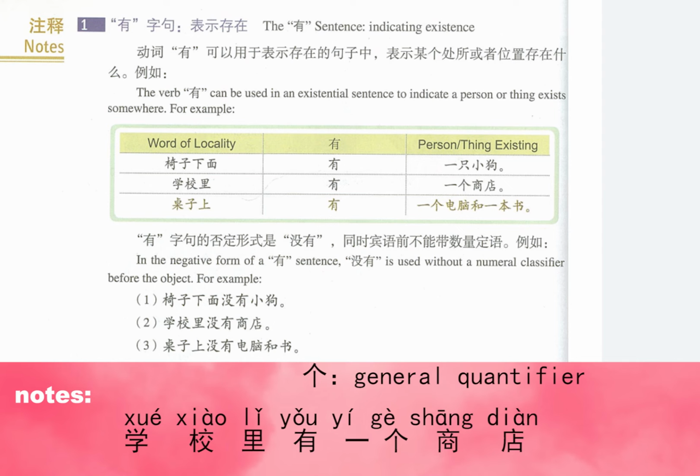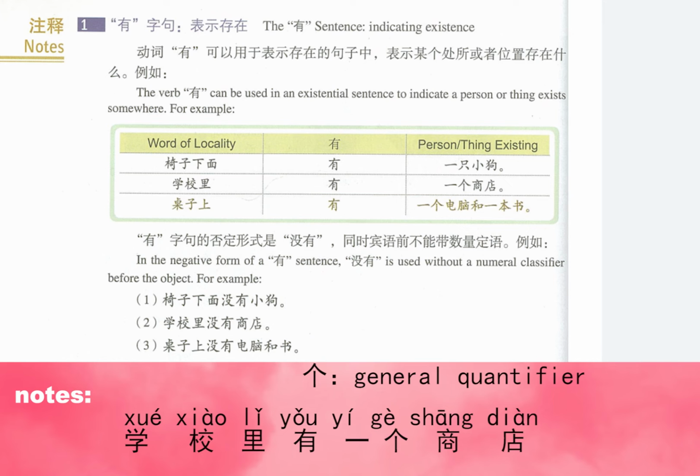But if you use other inappropriate quantifiers accidentally, people might think it's funny. 一个 means a or one. 商店 means a store. Oh, and by the way, here, when you hear me say 一, I pronounce it as the second tone, 一, right? I didn't say the first or the fourth tone. It's the second tone. Please note that in your notebook, okay?